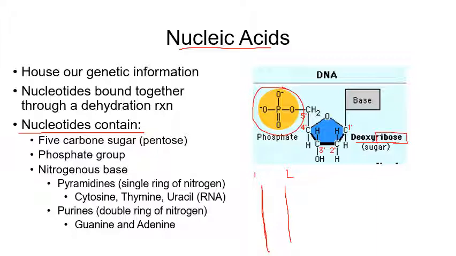And then they contain, for DNA, one of 4 different bases. There's pyrimidines, just a single ring of nitrogen, and that is cytosine and thymine for DNA.